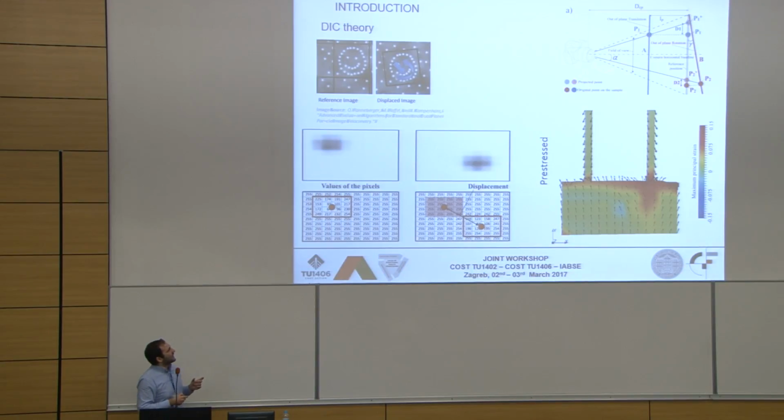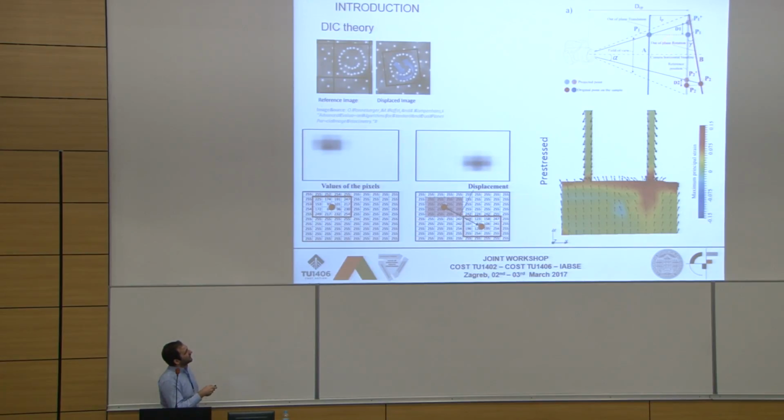One of the problems that we have solved, and this paper is about to appear, is that when you are moving from micromechanical testing to a big sample, you have a lot of spurious movements that change the precision of the technique.